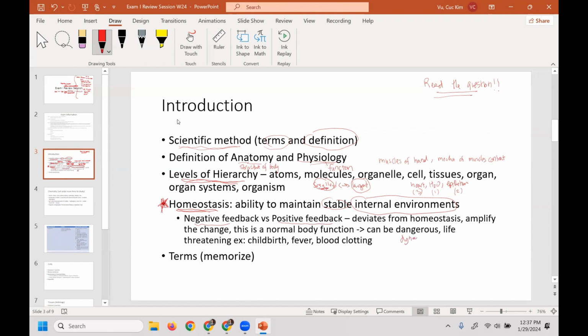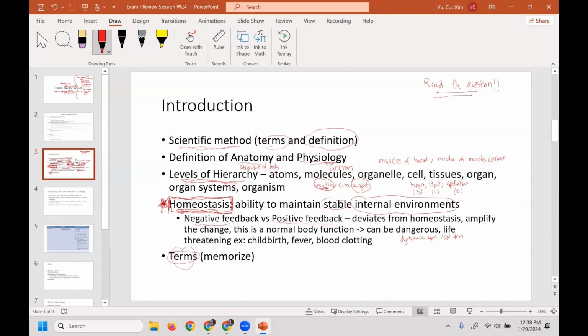A lot of terms were discussed in order to get the full picture of what homeostasis is. It's a big concept that runs through every single chapter in this class, so make sure you know that really well. Dynamic equilibrium, and set point was another term. So there are lots of terms that you need to memorize for chapter 1.